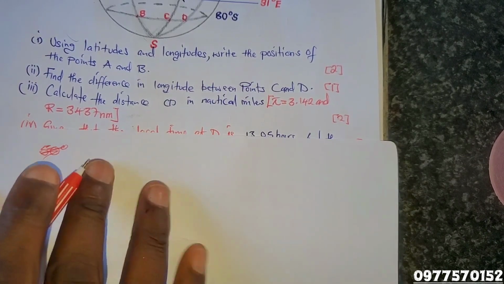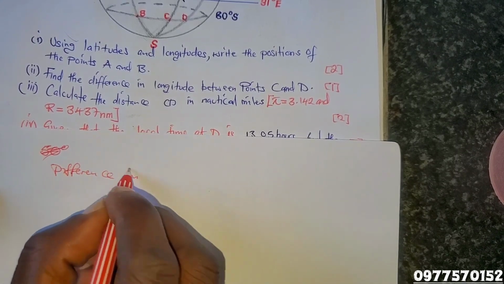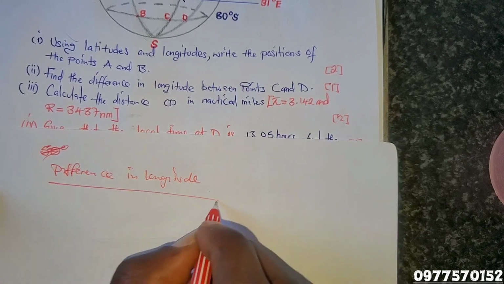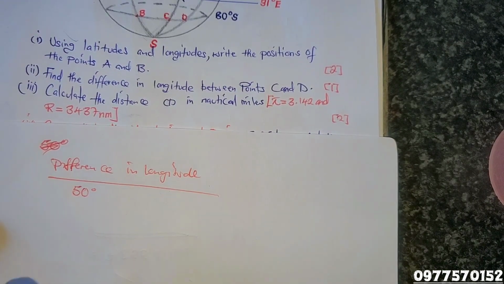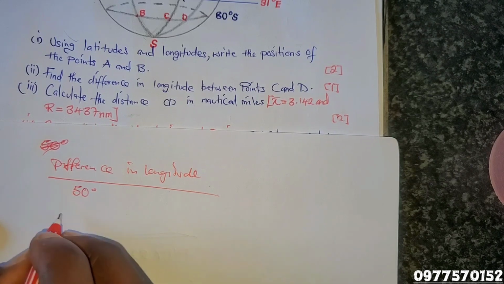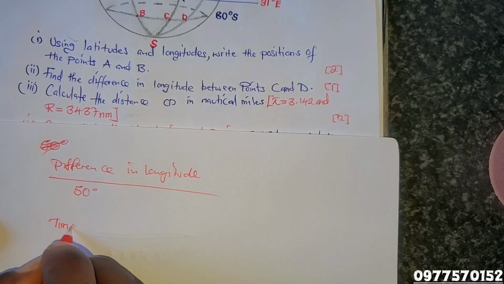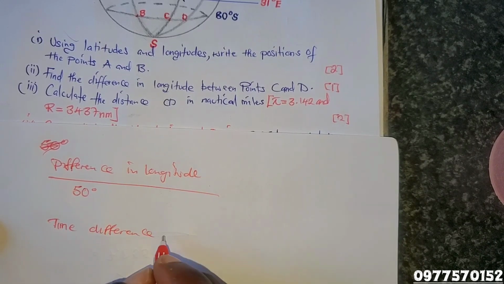Let me just write nicely. Difference in longitude is 50 degrees. Then we should now find the time difference between two points.